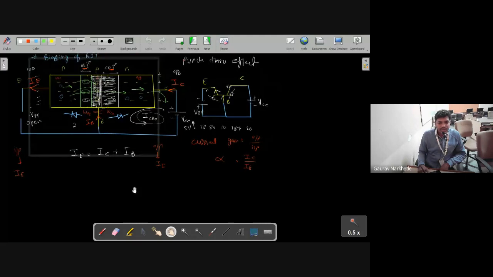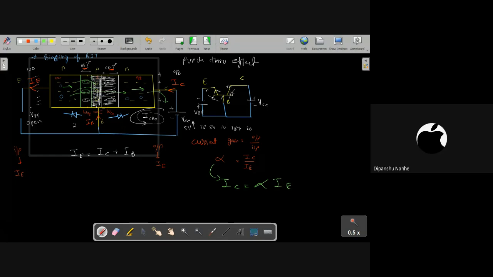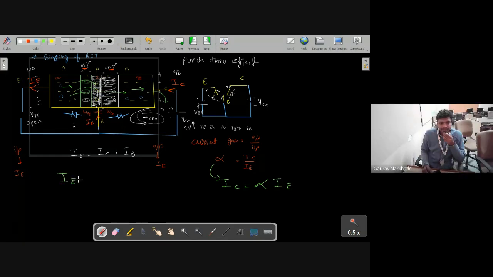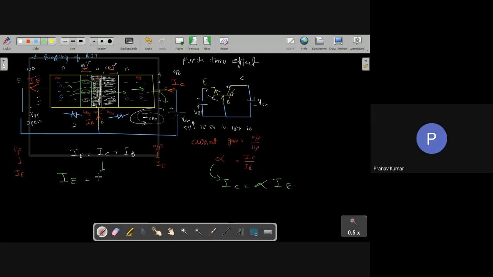ओके, तो ये इक्वेशन तो आपको समझ गया, IC is equal to this thing, right? And from here I can say IC is equal to alpha times IE. ओके, तो मैं क्या करता हूँ, IE is equal to IC प्लस IB, तो IB is equal to IE minus IC, IC को alpha times IE लिख सकता हूँ.